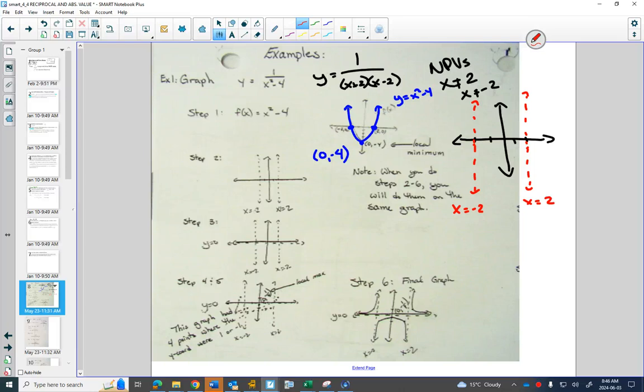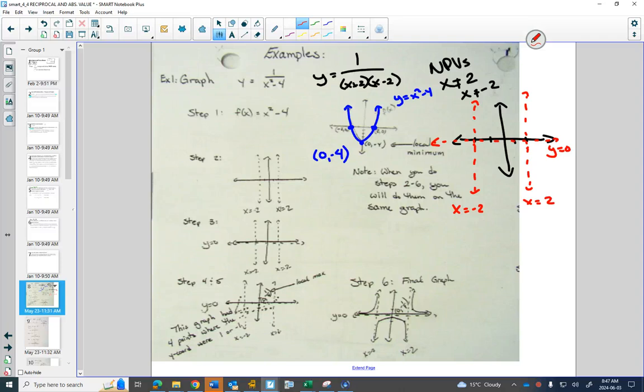For reciprocal graphs, we say if our original graph goes off to positive infinity, see how it gets bigger, or off to negative infinity, either one, you will have a horizontal asymptote at y equals 0. From chapter 2, we would have known this as well because the degree is bigger on the bottom of the function. But for this unit, sometimes they just give you the graph, and you don't know what the equation was.